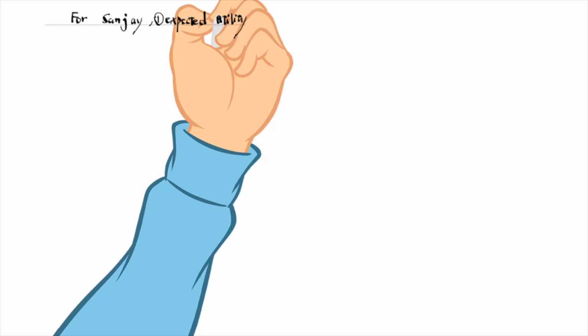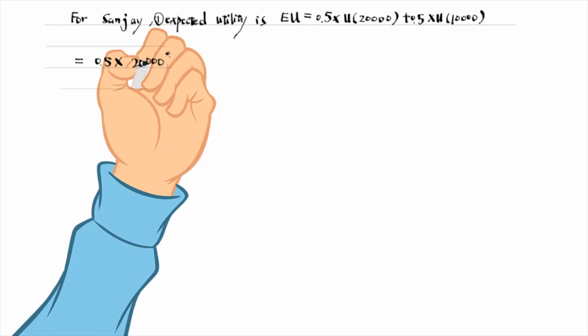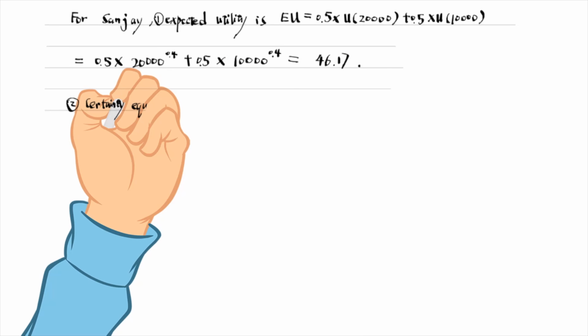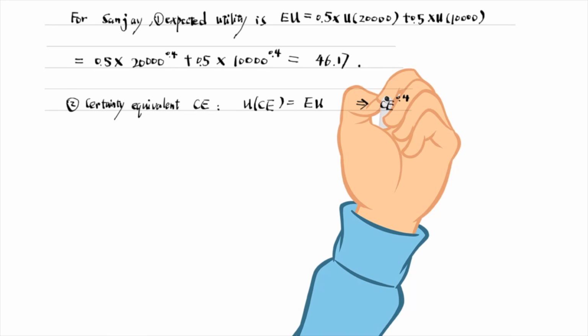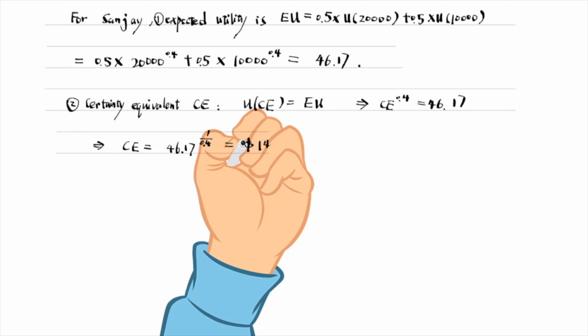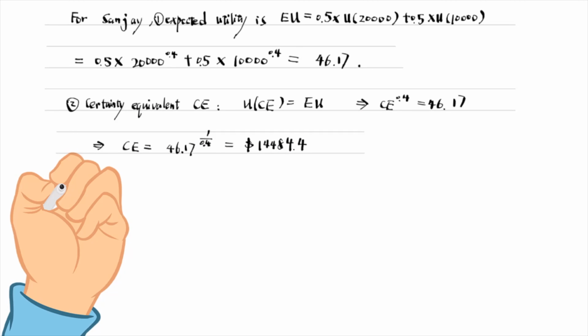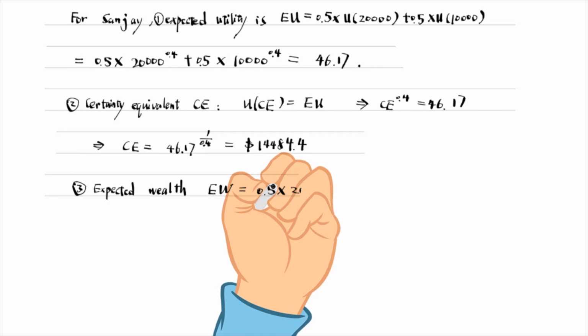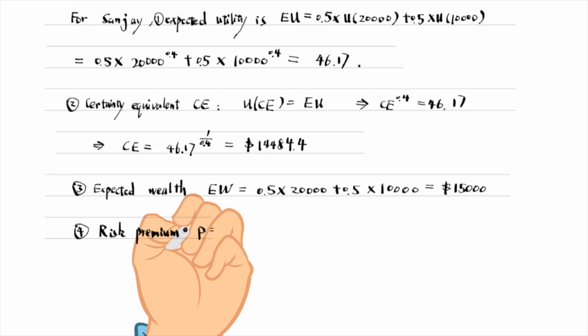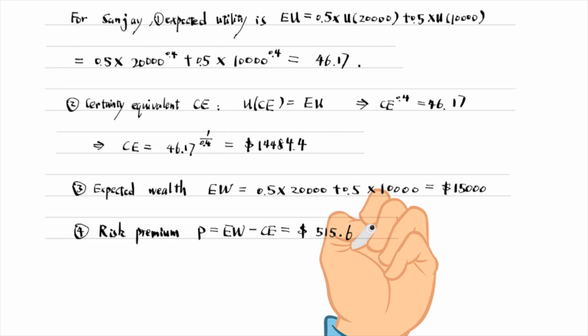For Sanjay, we follow the 4 steps to find the risk premium, which is the maximum amount Sanjay is willing to pay to avoid the risk. It is $515.6.